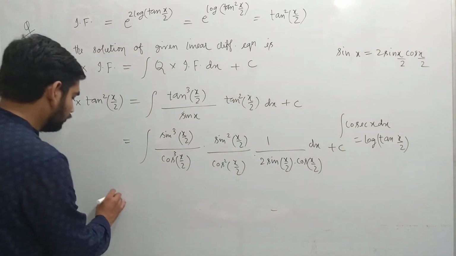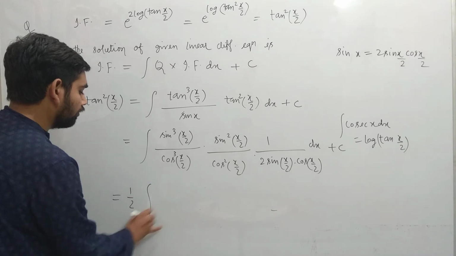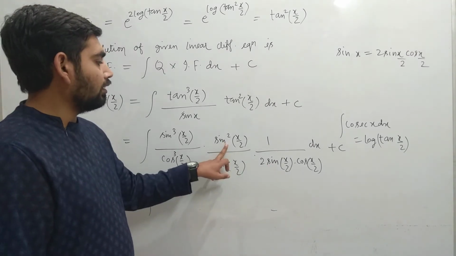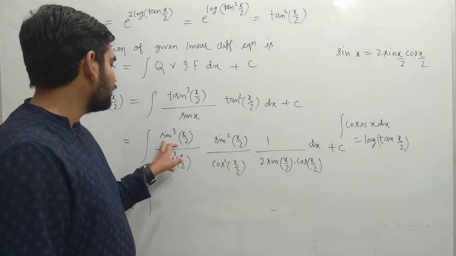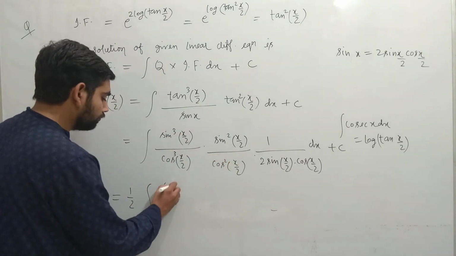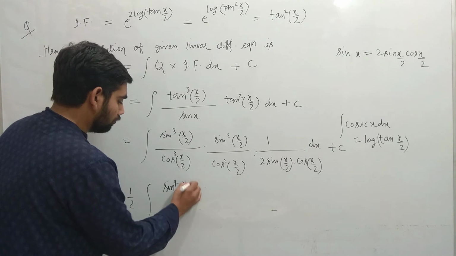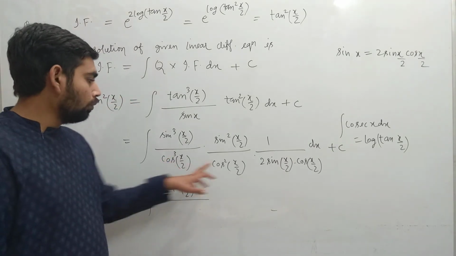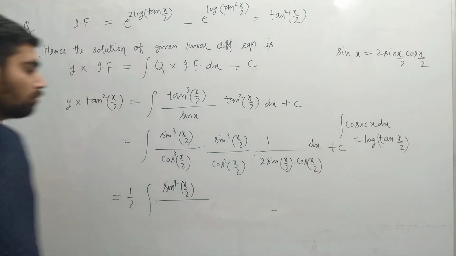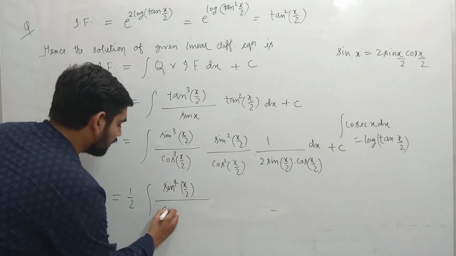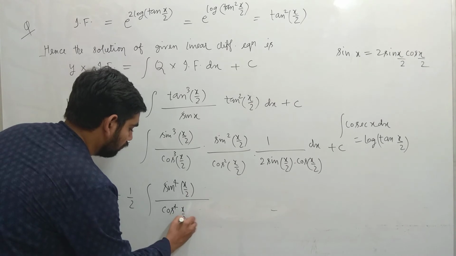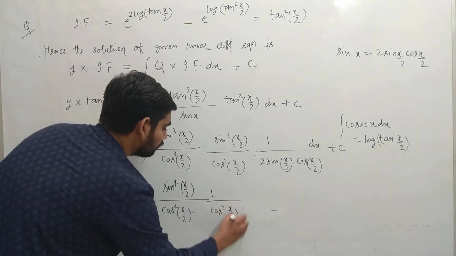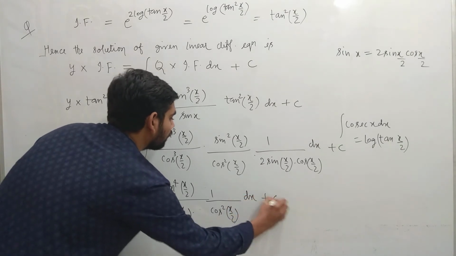Take 2 out in the denominator. Sin x upon 2 will cancel, and we get sin to the power 4 x upon 2 in the numerator. In the denominator we get cos to the power 6 x upon 2. So it can be written as tan to the power 4 x upon 2 and 1 upon cos square x upon 2 dx plus c.